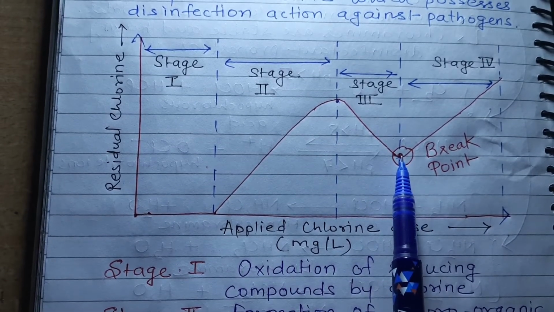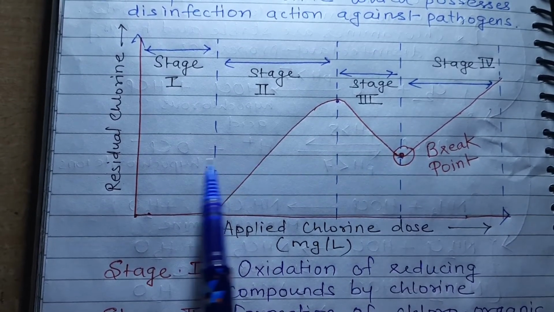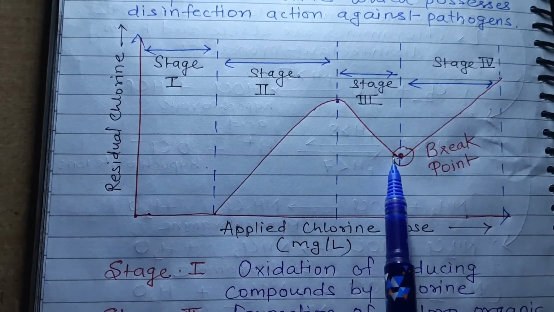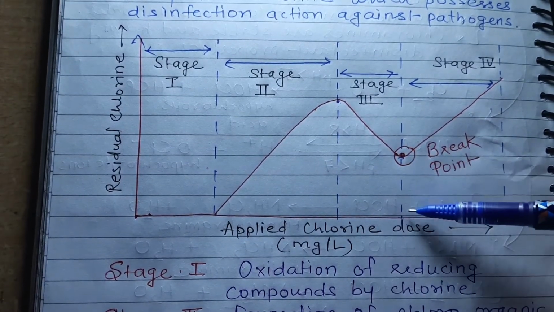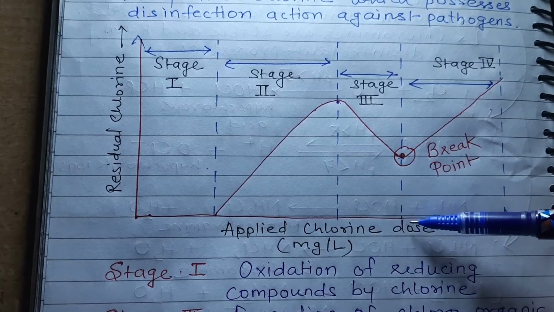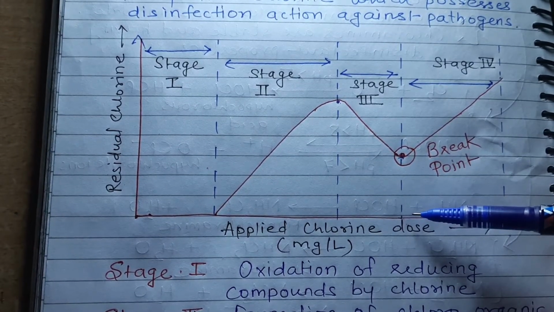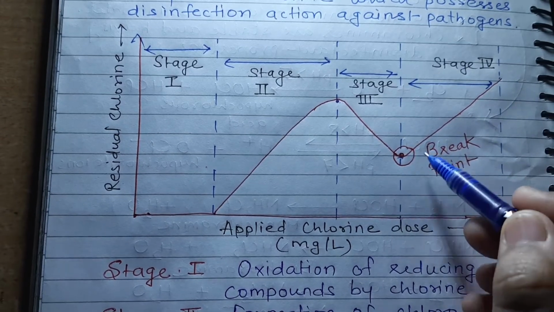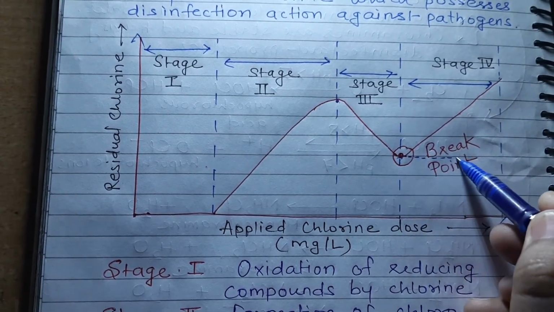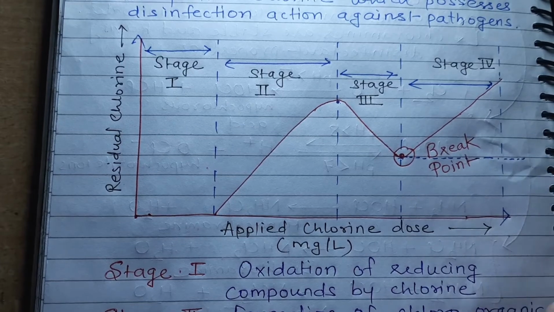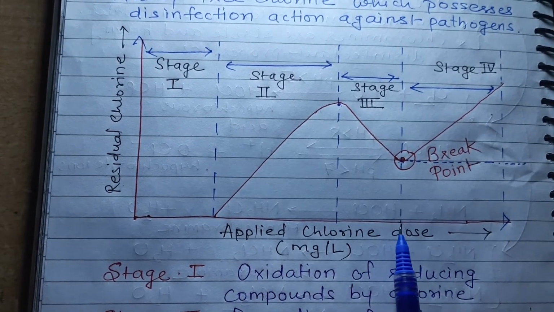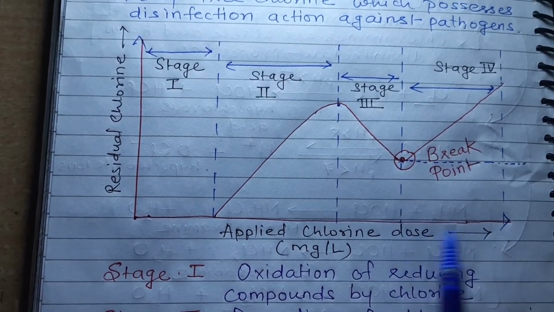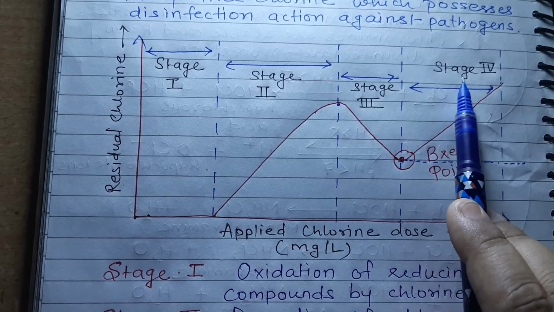This minima corresponds to a certain level of residual chlorine concentration, and this gap actually shows the residual chlorine in the water which is not oxidized, which cannot be removed. So this will be constant further because this much amount of residual chlorine will remain in water. Now when you further apply the chlorine dose in stage 4, what happens?